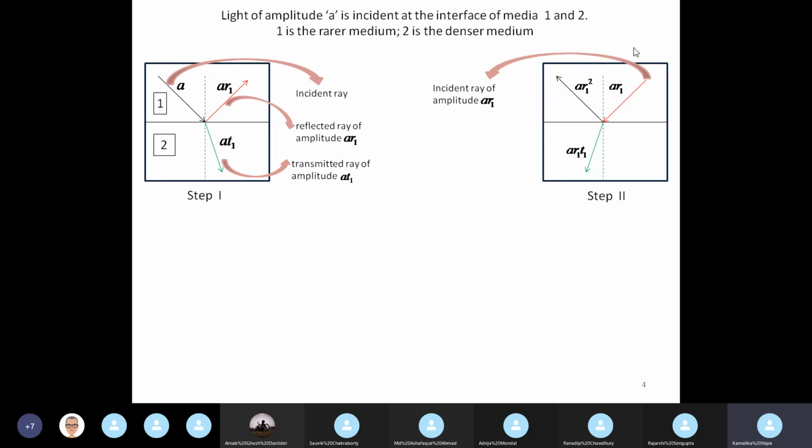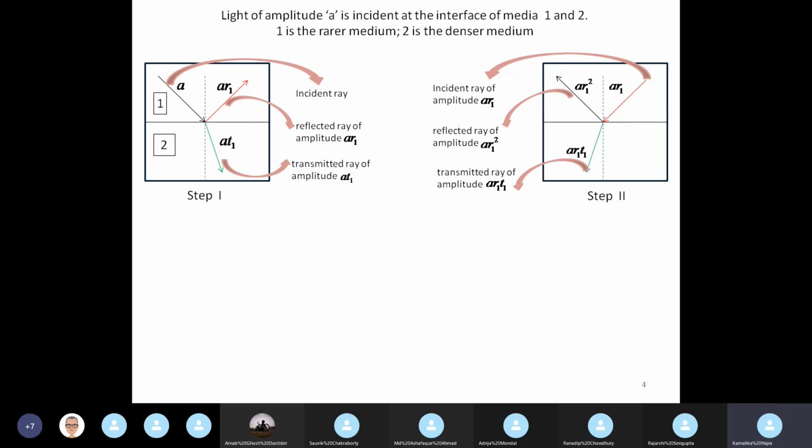And what is the amplitude of the transmitted ray? Still coming from 1 to 2, so the transmission coefficient is T1. So incident amplitude multiplied by T1. Okay. So this is the reflected ray of amplitude AR1 squared and this is the transmitted ray of amplitude AR1T1.